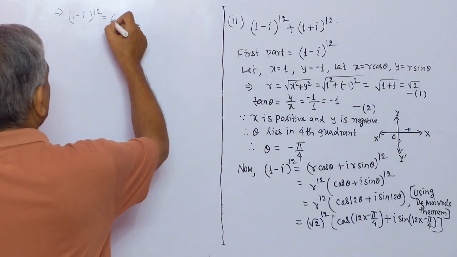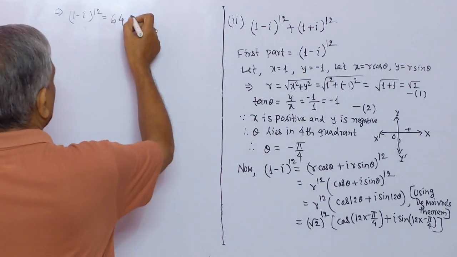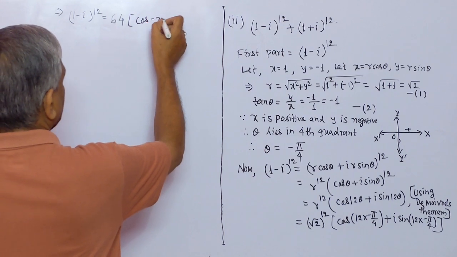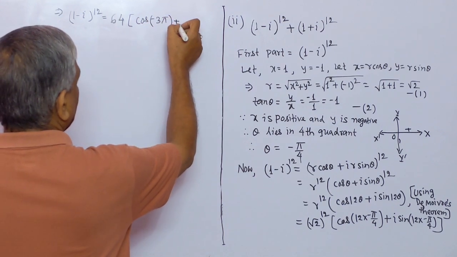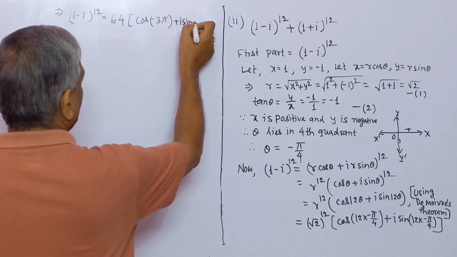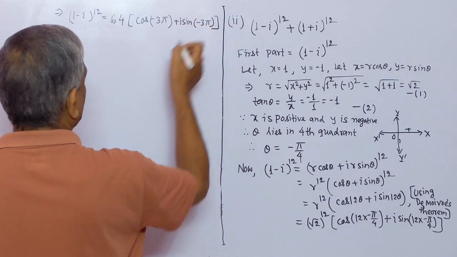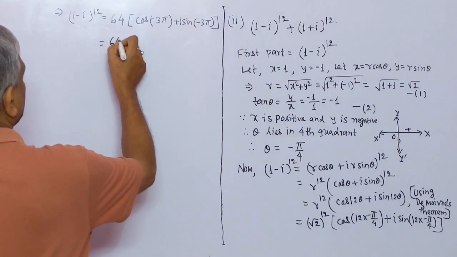This is 64 (cos minus 3 pi plus i sin minus 3 pi). This is equal to 64.